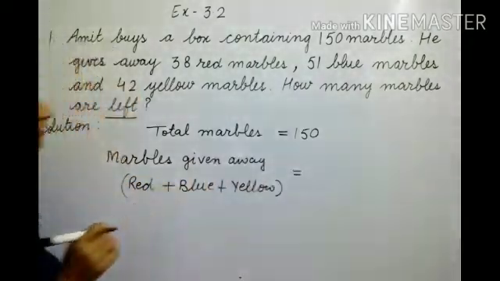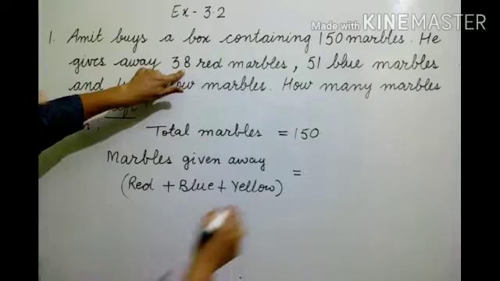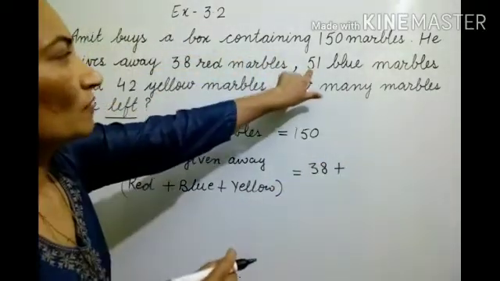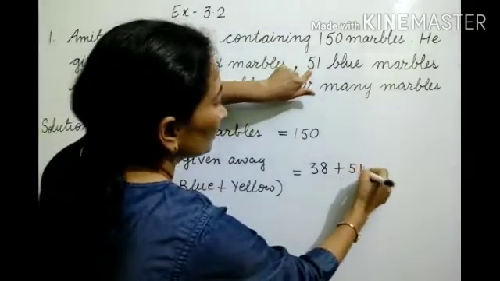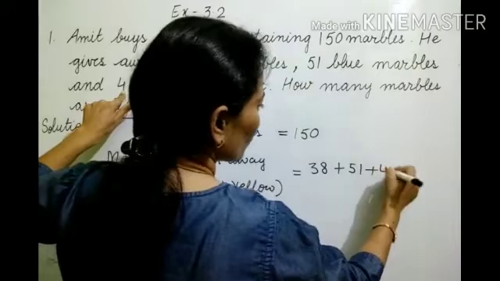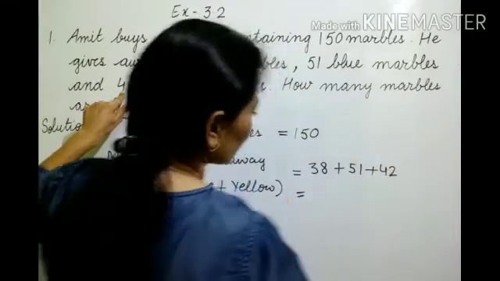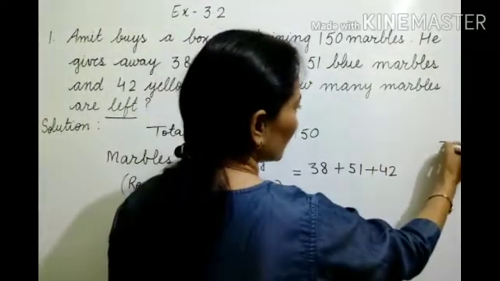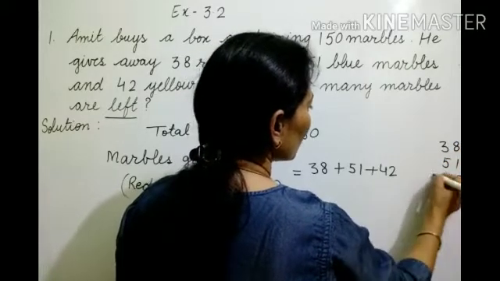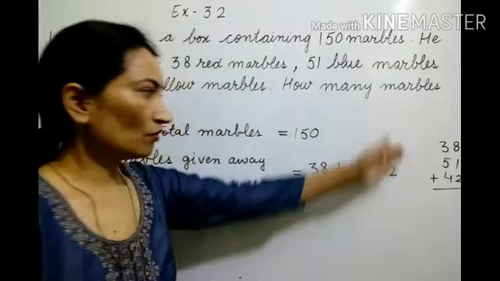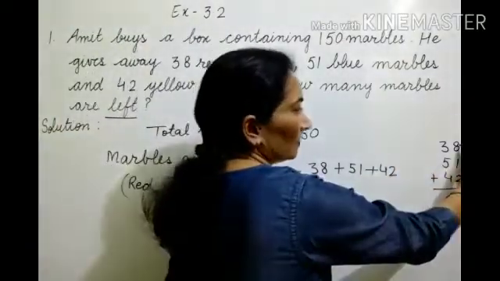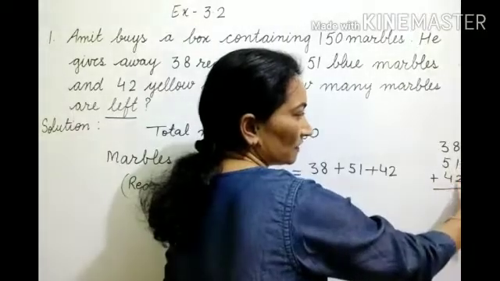You will see the numbers: red marbles 38 plus blue marbles 51 plus yellow marbles 42. Now find their total, 38 plus 51 plus 42. We will find the total of given marbles.